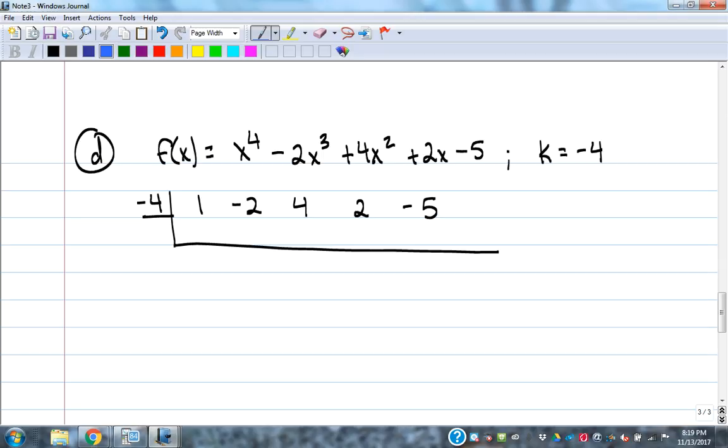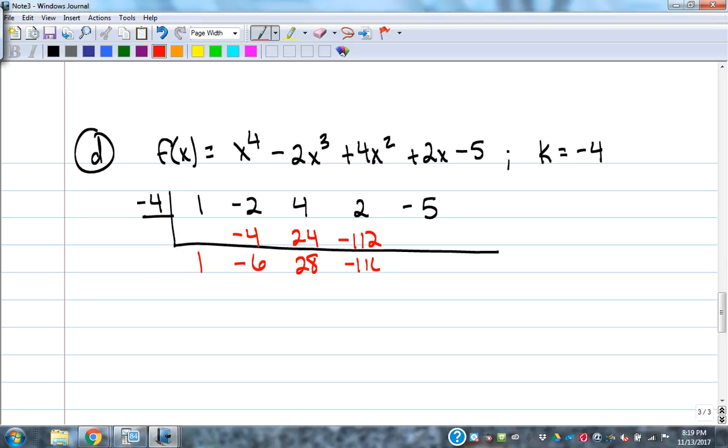Then get the ball rolling with synthetic division. Drop the 1 down. Multiply. Add. Multiply. Add. Multiply. It's a big number, right? Negative 112.